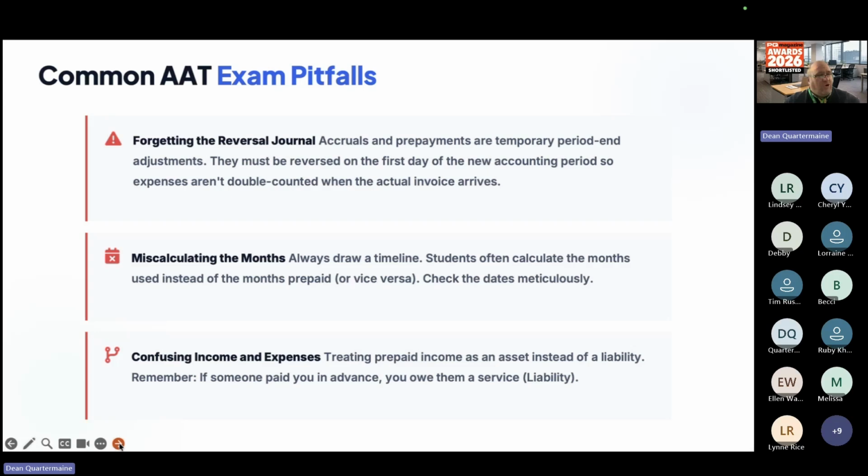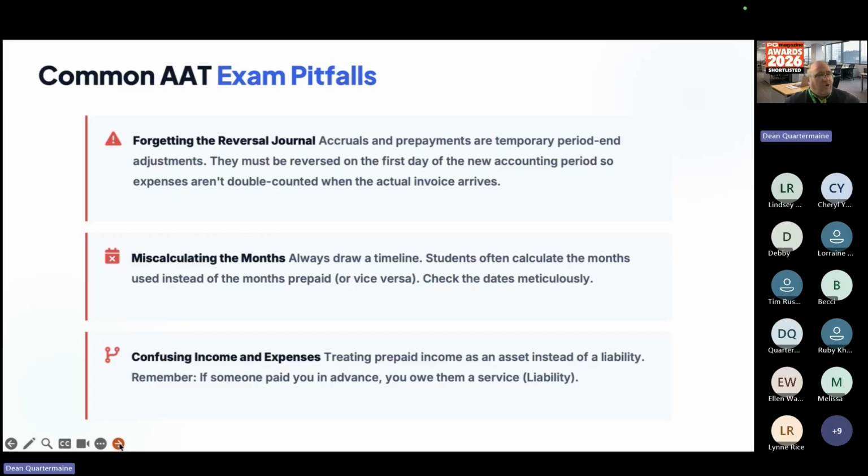So accruals and prepayments are temporary period end adjustments, and they should be reversed on the first day of a new accounting period, so expenses are not double counted when the actual invoices arrive. If we don't reverse the accrual, when the invoice lands we've counted it twice.